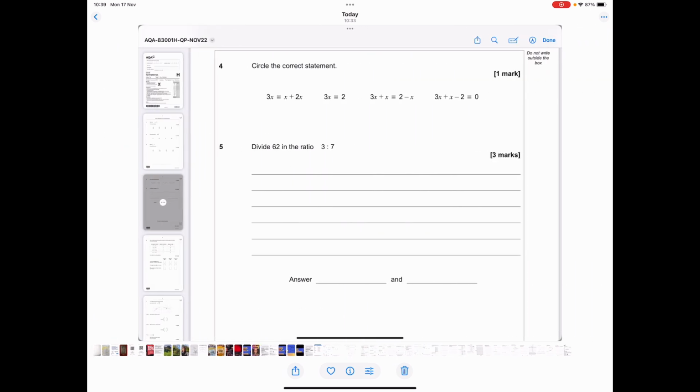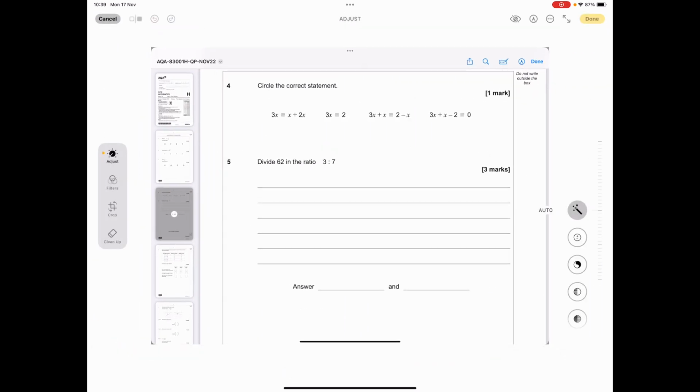Okay, now let's have a little look at this. Circle the correct statement. Now the triple line is like a super equals, so it really means that each side equals the other. So there's one which doesn't: 3x equals 2.